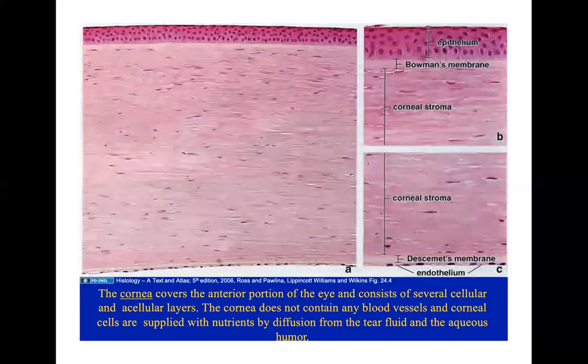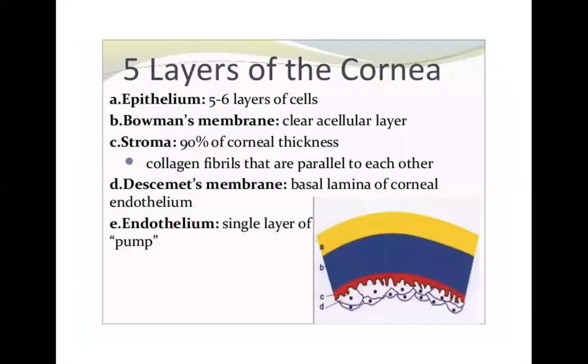Now, your cornea anatomically is avascular. Okay, and the corneal cells are usually supplied with nutrients by the middle layer, or the middle coat, by diffusion from your tear fluid and your aqueous humor.